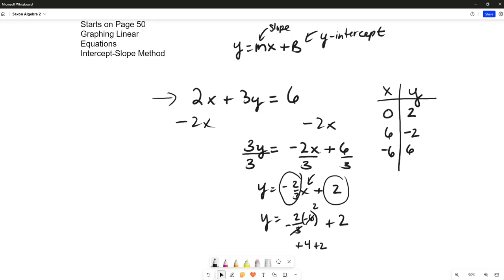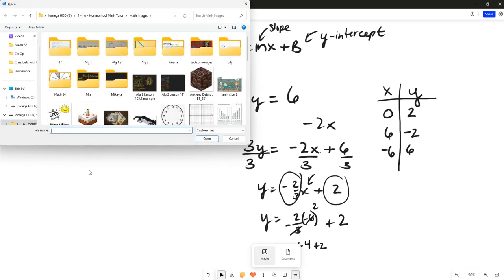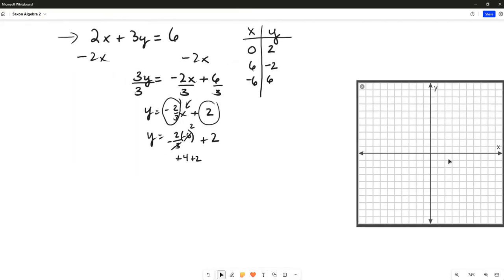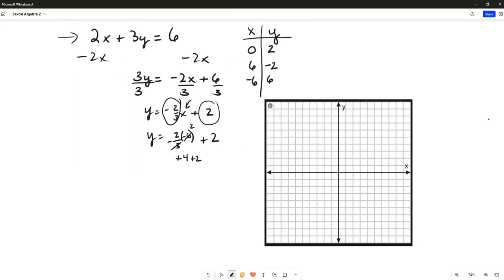So when I graph that onto my coordinate plane, the x-axis is left and right, the y-axis is up and down.